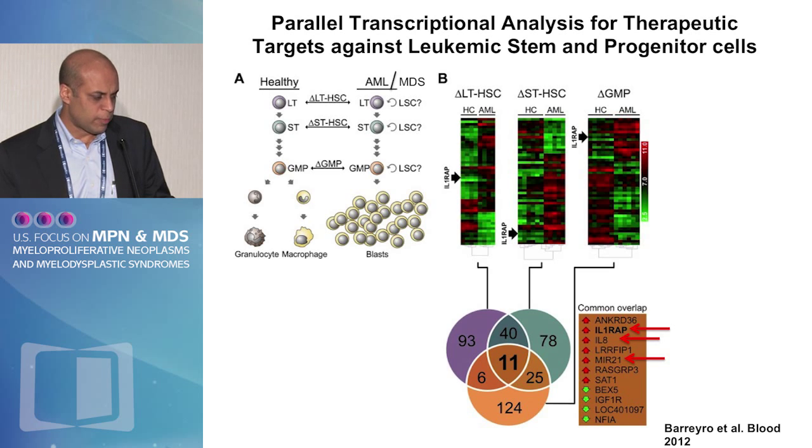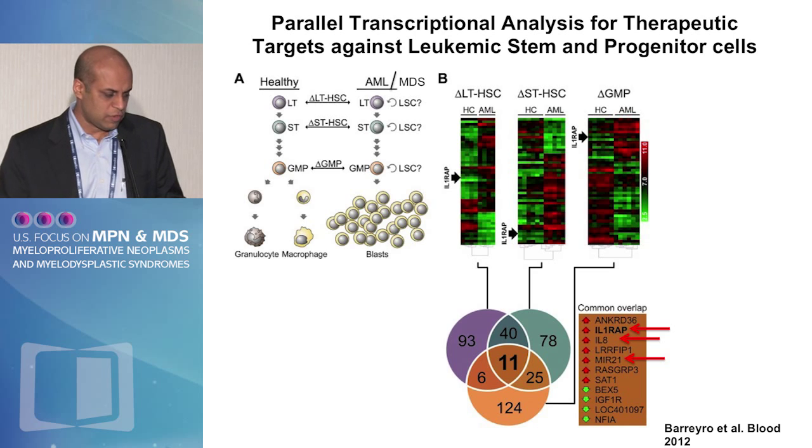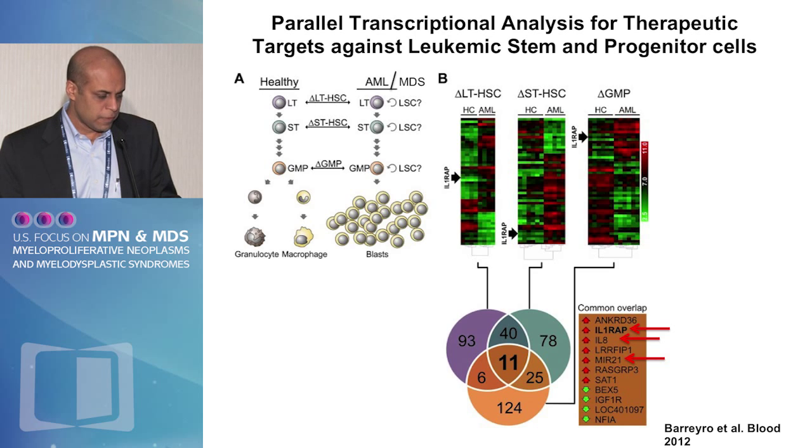From our initial cohort, we found a list of genes that were highly overexpressed in MDS and AML stem cells and progenitors. We've tried to study their functional significance over the last few years, and I just wanted to show you 2 proof of concept studies quickly.